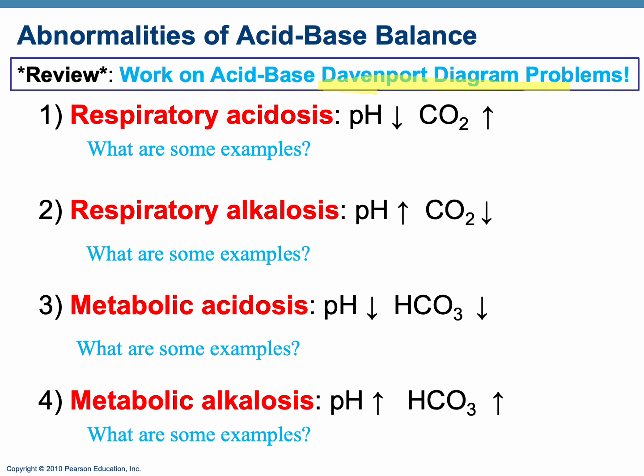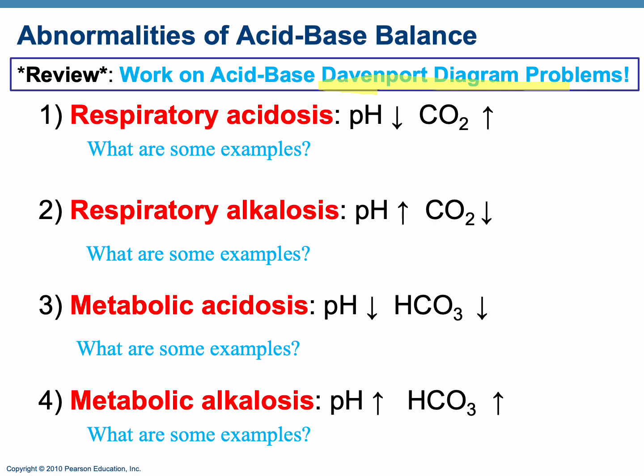In your course packet, under the lecture handouts, you're going to find a very large Davenport diagram graph. This is a good time to get that out when you're at home working on this. Also, you'll find a handout that says Bio 153, Chapter 27, Acid-Base Regulation Problems.